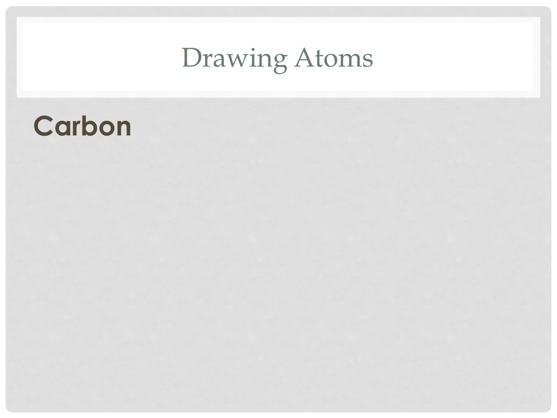Let's add to the atom now. So let's draw carbon. Okay, we're going to start out same: protons, neutrons, electrons. So if you find carbon on the periodic table, how many protons does it have? Okay, I'm jumping down to electrons. So since it's neutral, how many electrons does it have?